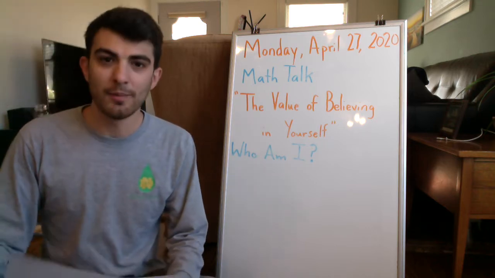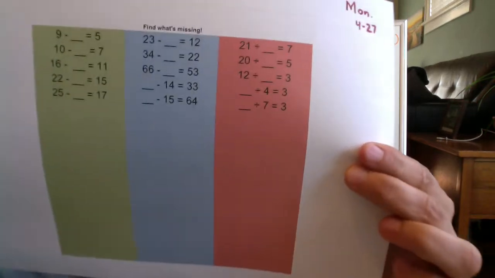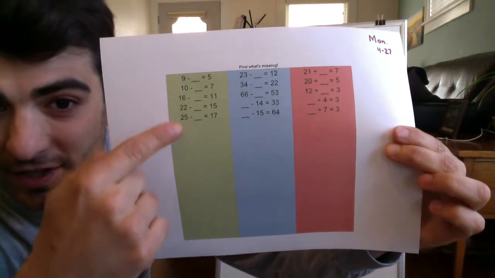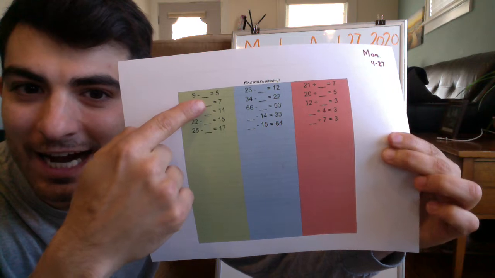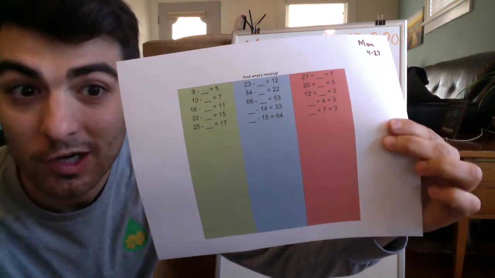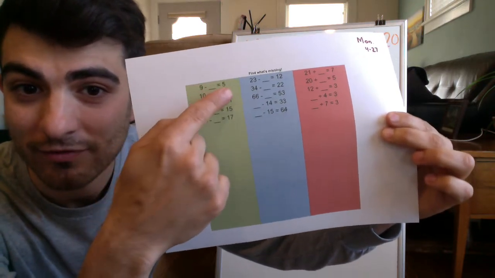All right, well, we're back on Monday, so we have to find what's missing on Monday. Again, we'll have some what-is-missing subtraction problems. Here we have 9 minus blank equals 5. So, what do you need to take away from 9 to equal 5?